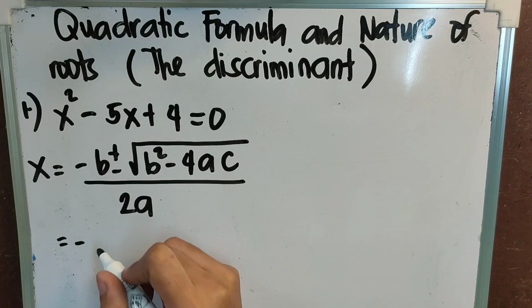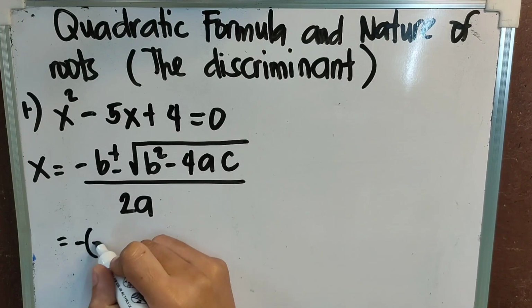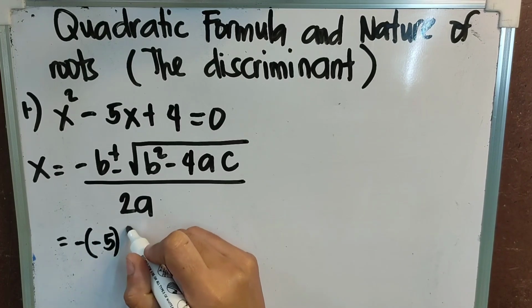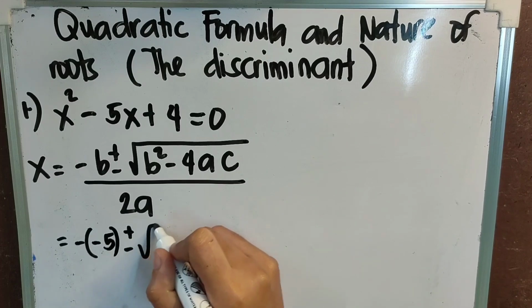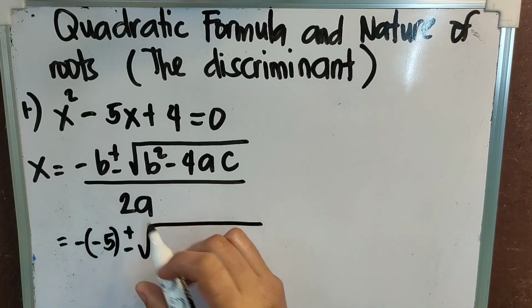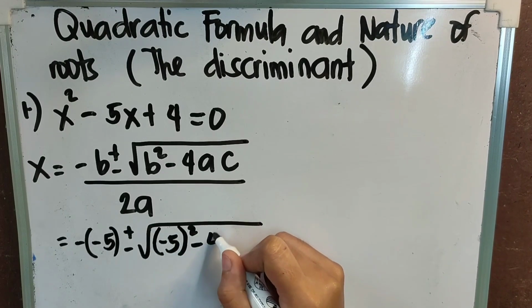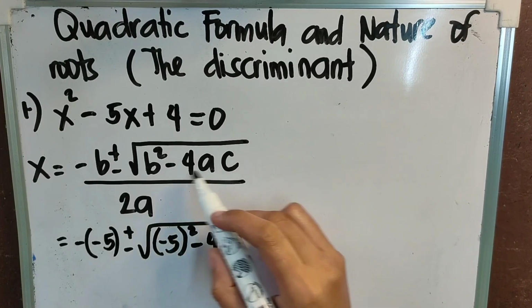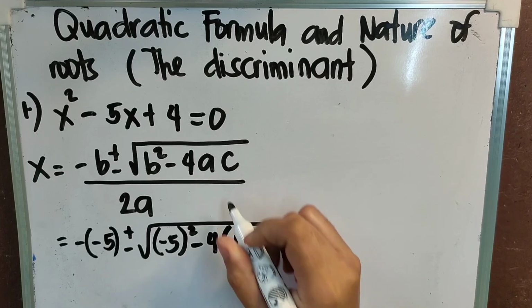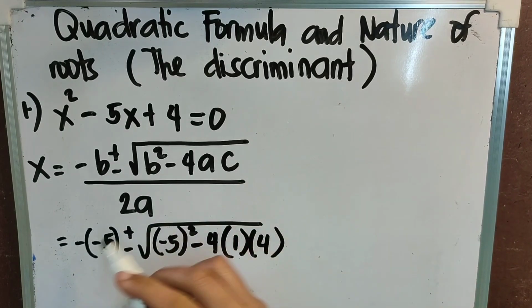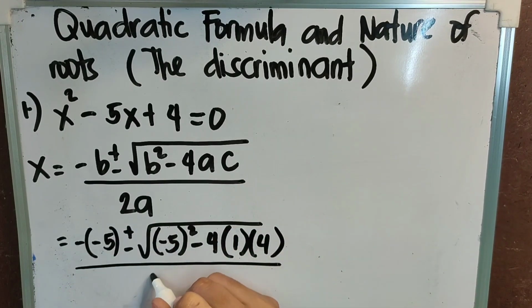Negative b, or negative negative 5, plus minus square root of b, here is negative 5 squared, minus 4 times a, which is 1, times c, which is 4, over 2 times 1.